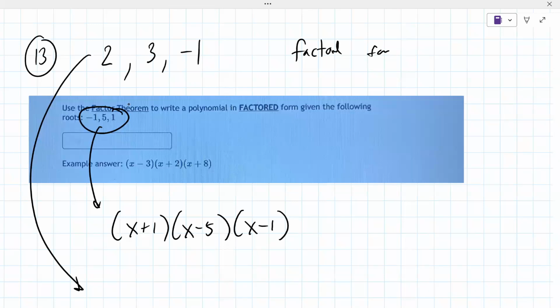Almost done. Parentheses x minus 2, parentheses x minus 3, and parentheses x plus 1.